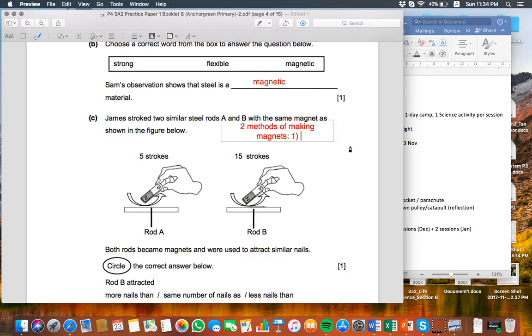The first way is through stroking, and stroking is more of a permanent method. And the next method would be through electricity. And this is a temporary method.